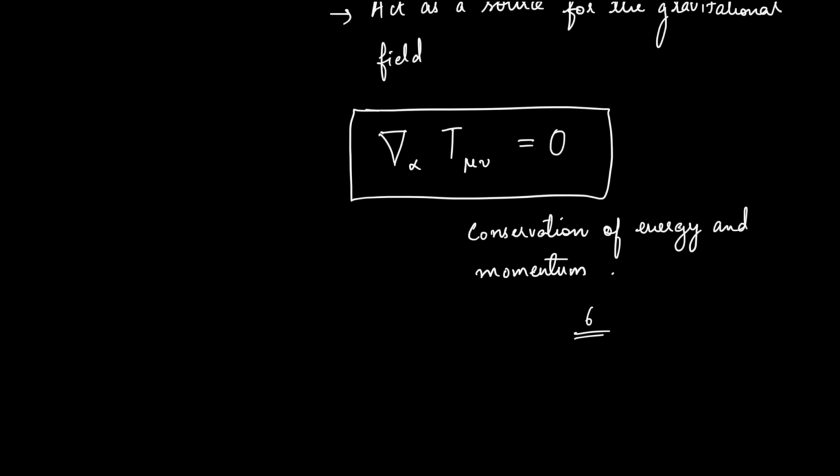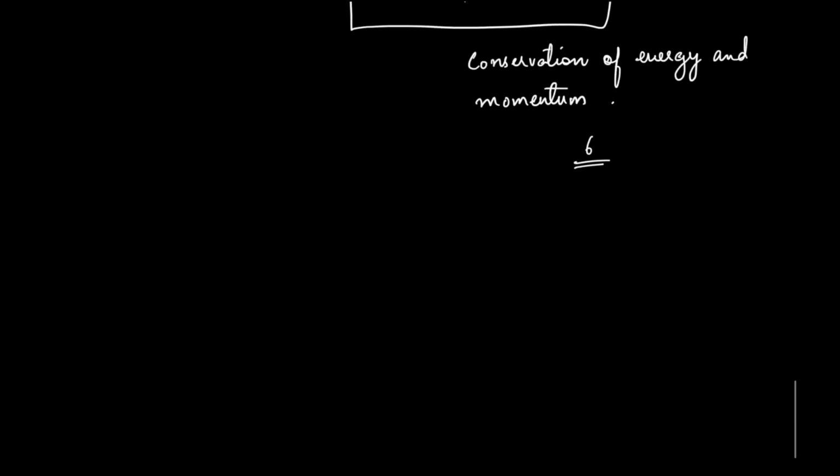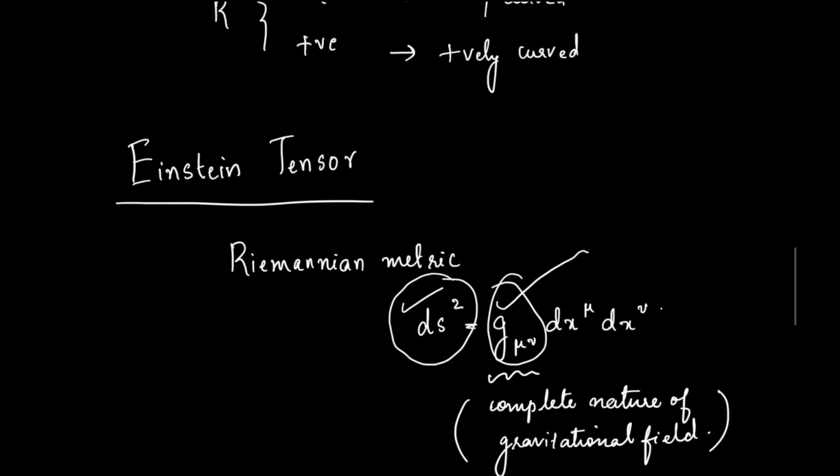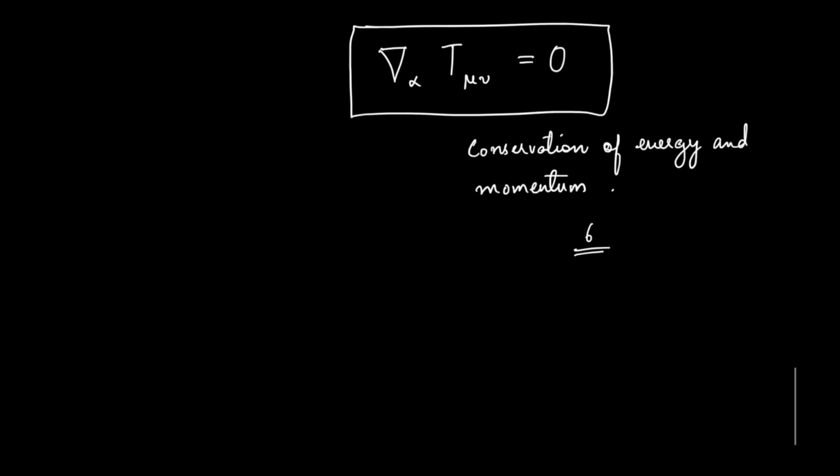So now I have to follow the same steps that Einstein followed, and find the tensor which I can equate to T mu nu. So let's start. We can proceed from the Bianchi identity. Our topic is the Einstein tensor, to be found from the Bianchi identity.